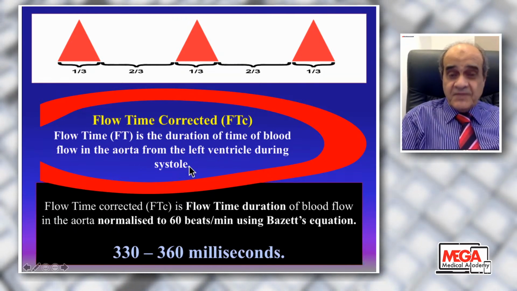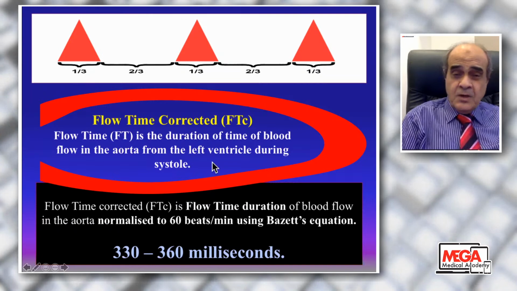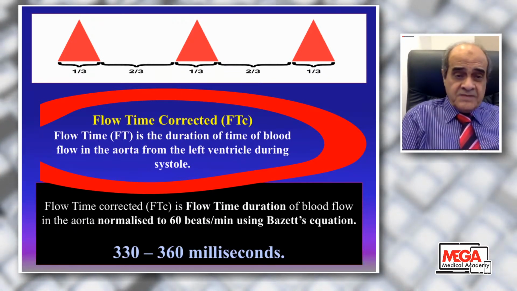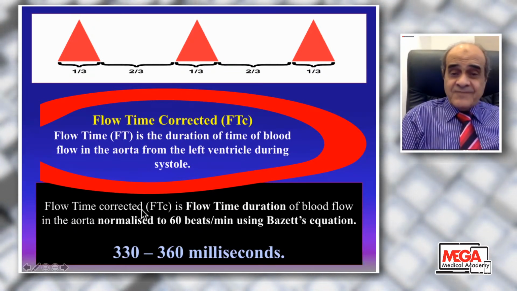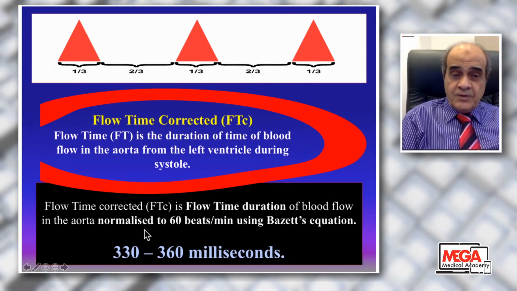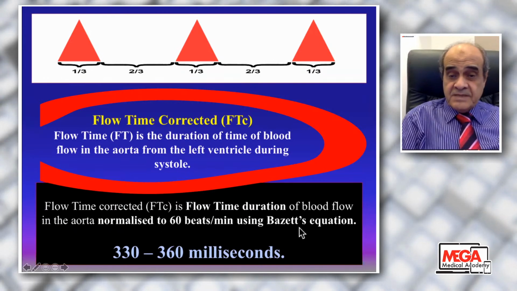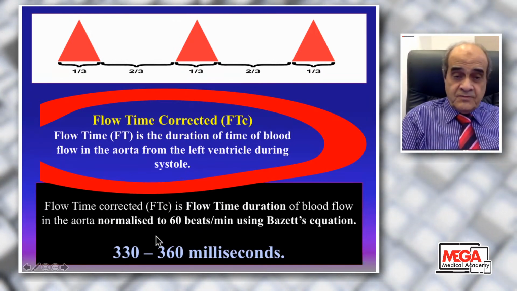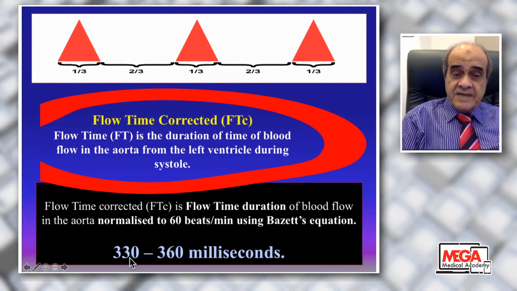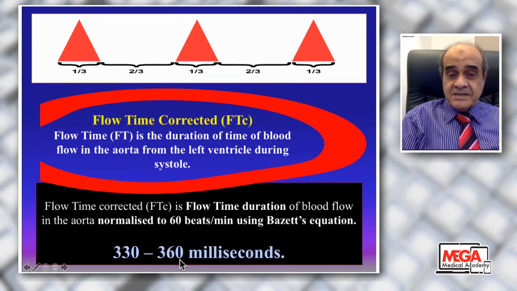And so if it is decreased, this means the ejected blood volume is low. Flow time corrected is normalized to 60 beats per minute using Bazett's equation, as we showed. Normal range, 330 again to 360 milliseconds.